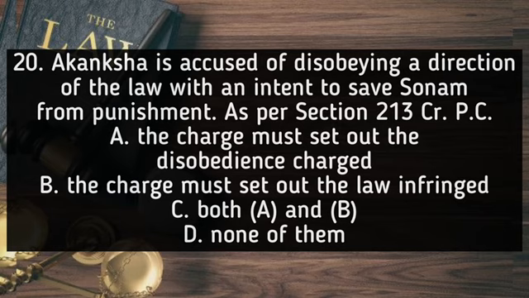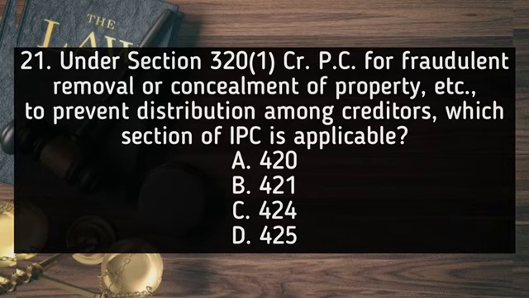And the answer to this question is option C, both A and B. Our next question says, under Section 320 CrPC for fraudulent removal or concealment of property, etc., to prevent distribution among creditors, which section of IPC is applicable? A, 420, B, 421, C, 424 or D, 425. And the answer is B, 421.